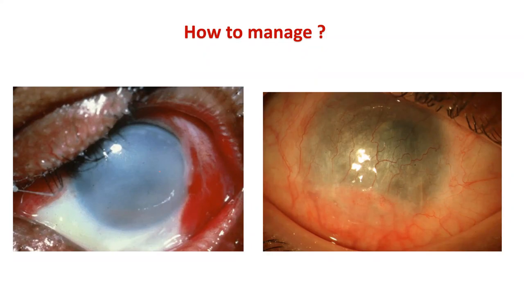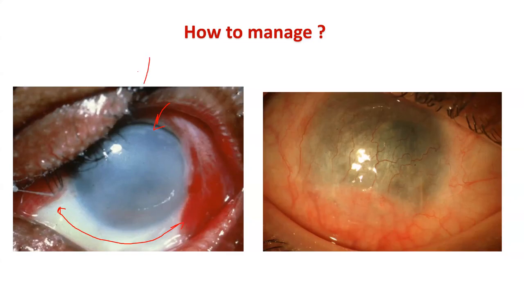By the state of the cornea, we need to know if the cornea has, see this epithelial defect, almost a subtotal epithelial defect with whitening of the limbus, whitening of the cornea, around 6 o'clock hours, and conjunctival hyperemia over the other 6 o'clock hours.